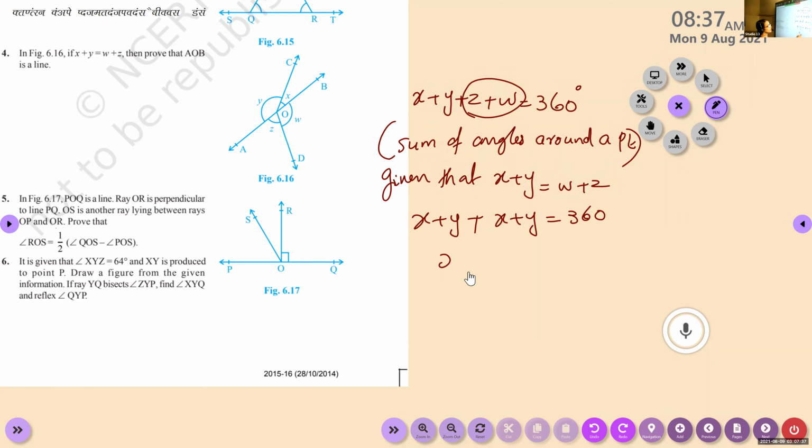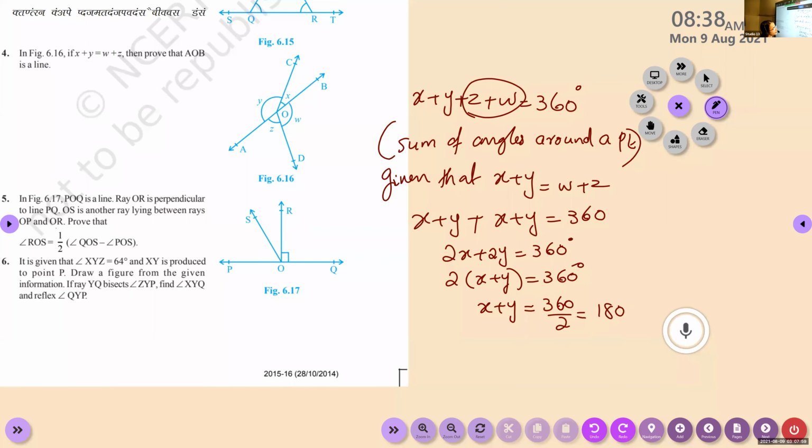So 2 into x plus y, or 2x plus 2y equal to 360. So x plus y equal to 360 by 2, 180 degrees.